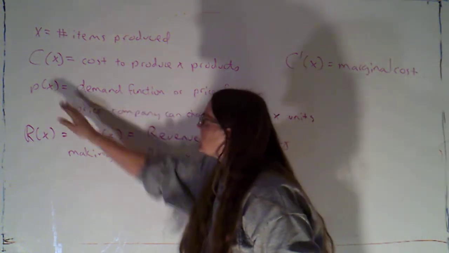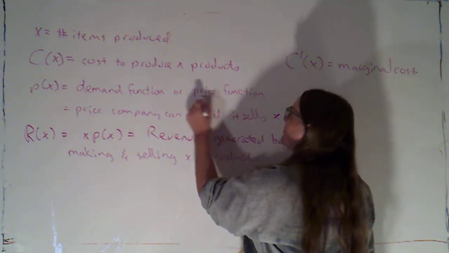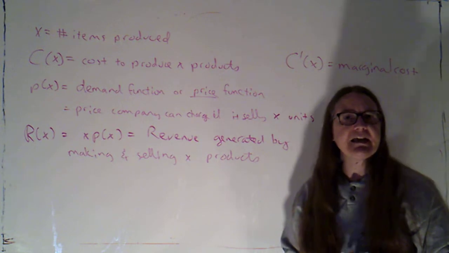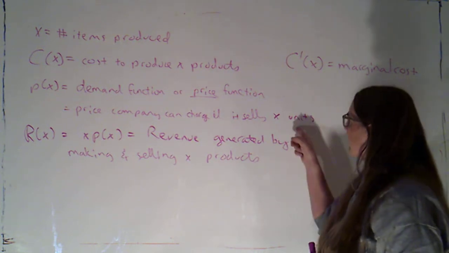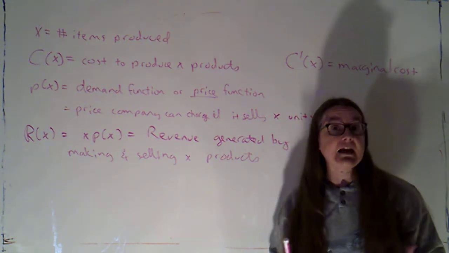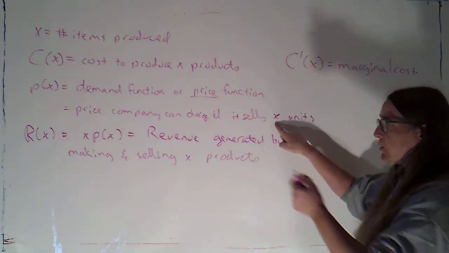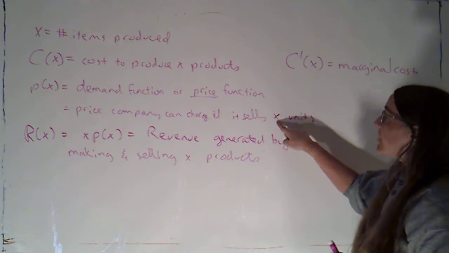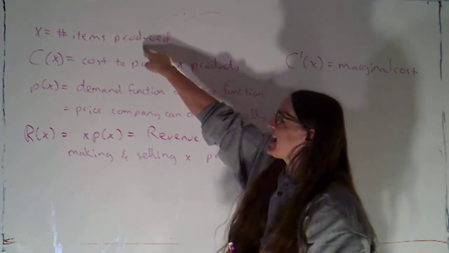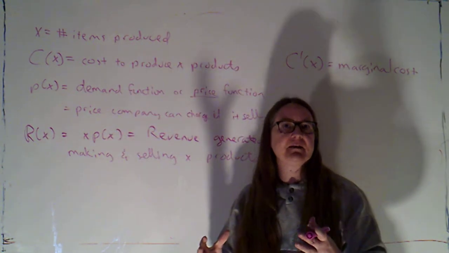P of X, that's our demand function, or it's also called the price function, which is why we're using a P for it. That's the price the company could charge if it was going to sell X units. And that corresponds to X, which is the number that we're going to try to sell. We are trying to get it so that this X is the same as this X, so that we're selling everything that we produce.